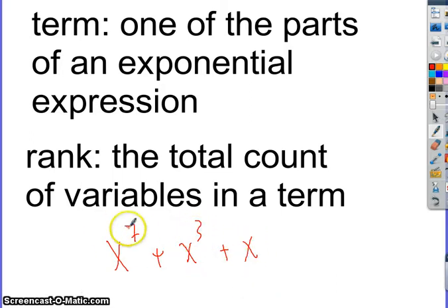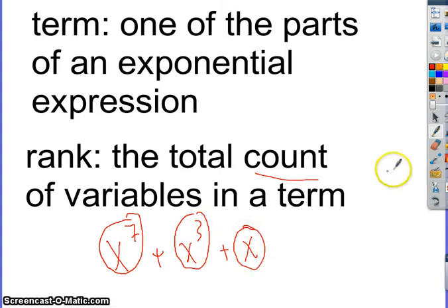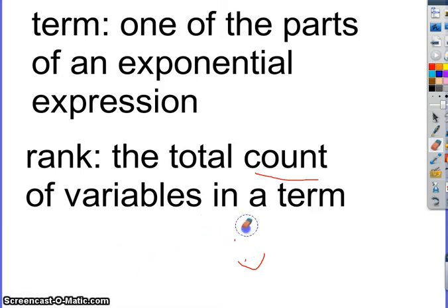If I were to rank these, I would say that this was rank 7 because the count of variables is 7. So I have one term of rank 7, and I have one term of rank 3 because there's 3 x's here, and I have one term of rank 1. And when I'm ranking them, you'll see in a second that I'm going to list them from top rank to lowest rank when I'm adding these exponents.